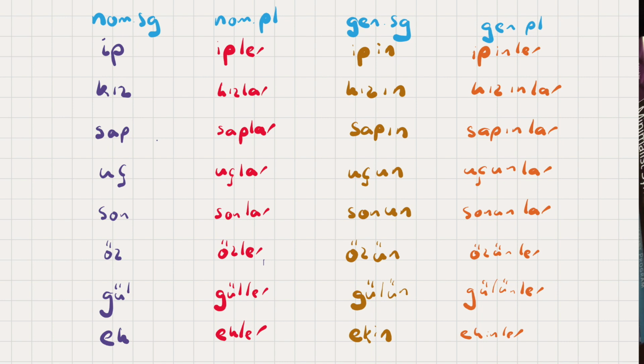Kullar, saplar, ushlar, sonlar. And the difference between e and a, that's another thing you have to realize, is also that e is front and a is back. In other words, if the stem has a vowel which is plus back, the suffix is also plus back. If the stem has a vowel which is minus back, the suffix also has a vowel which is minus back.